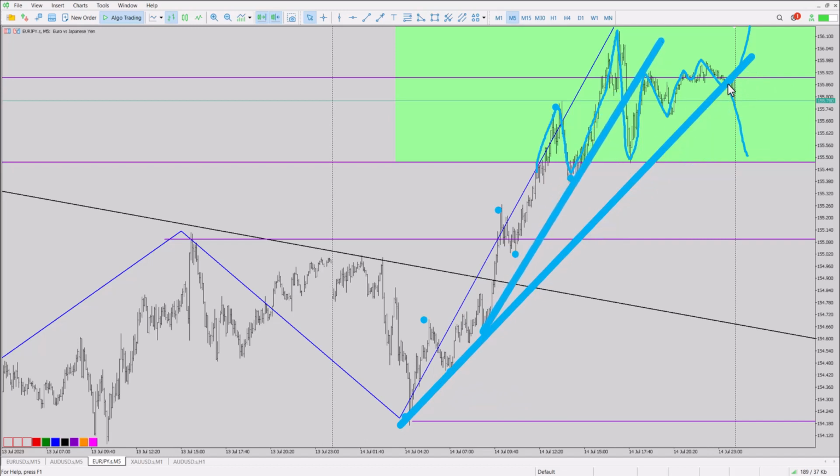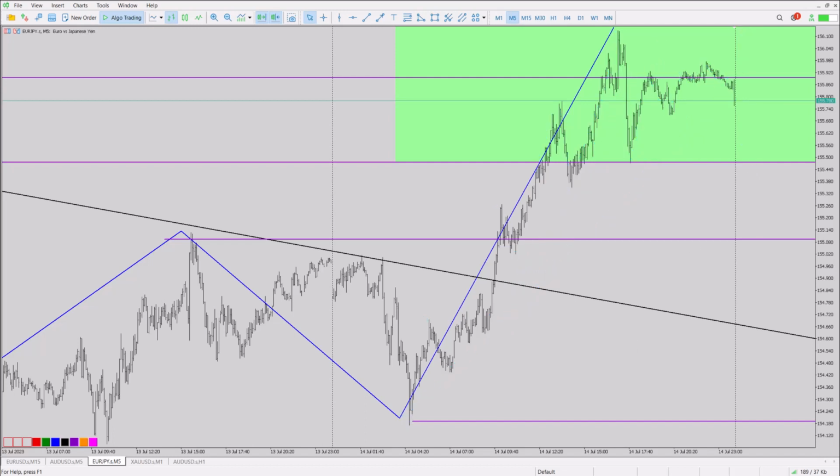If the market breaks this main trend line down here, or it's gonna go up. I think it's gonna break down, but I'm not a fortune teller. I wait until the market moves and then I do my thing. I don't know what's gonna happen, so I don't predict the market.